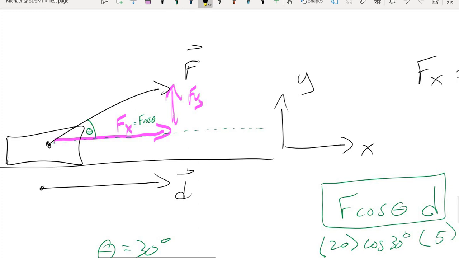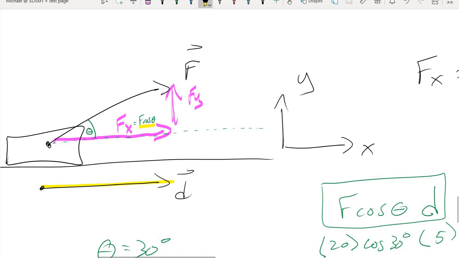what's the difference between the direction that our force component is pointing and the direction that our displacement is pointing?